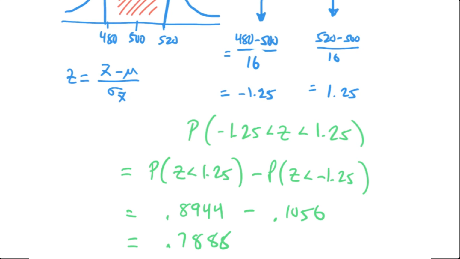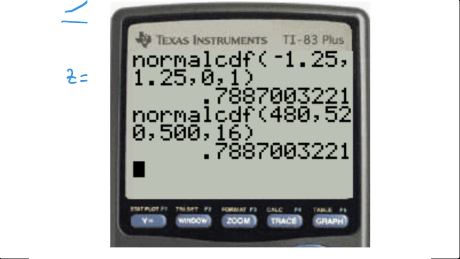If you use the graphing calculator, you do the normal CDF. You have your left bound and right bound, negative 1.25 and positive 1.25. Because these are z-values, the mean is 0 and the standard deviation is 1, and you calculate it and get 0.7887. Rounding is the reason we are off a little bit.